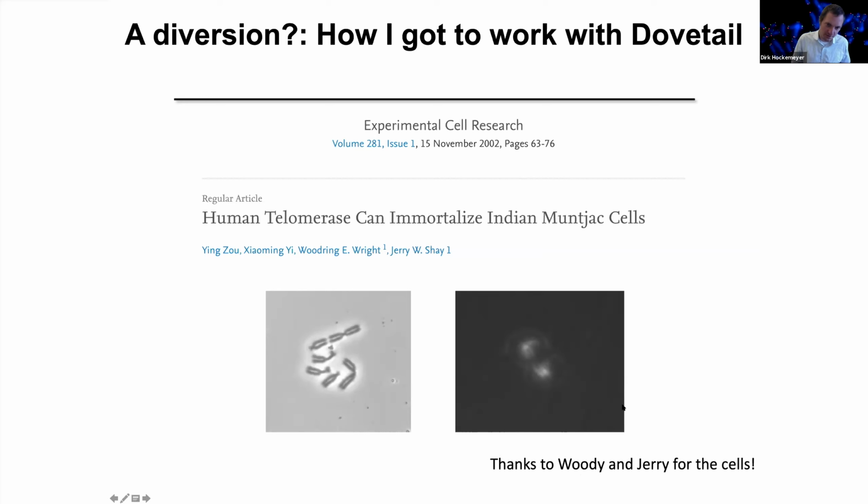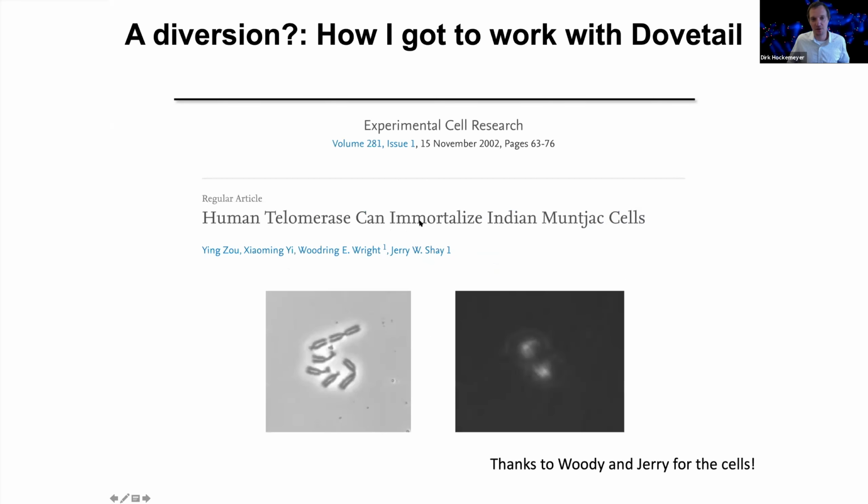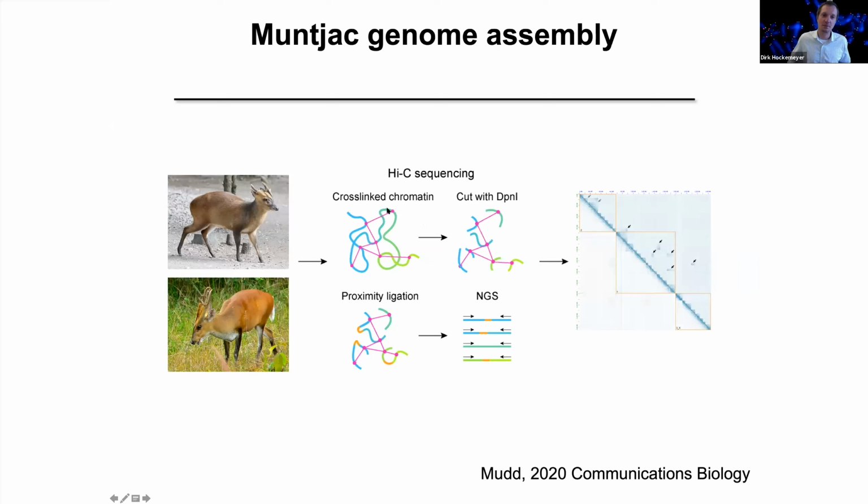Okay, so the idea was we took cell lines from the Chinese and the Indian muntjac, and then decided to use the Hi-C sequencing platform from Dovetail Genomics. We generated very high-quality genome assemblies using largely this platform, which is based on proximity ligation.